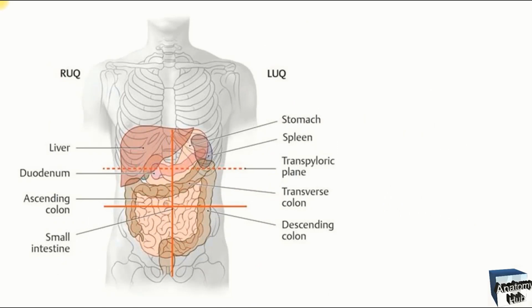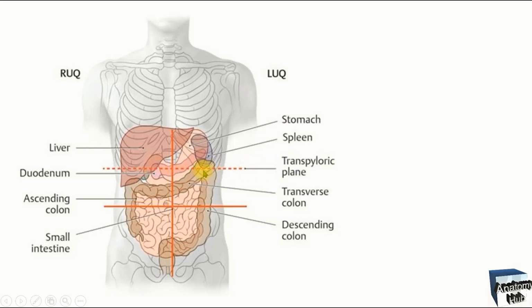here we'll find why we are studying these nine, because here you'll find the pylorus part of the stomach, and the ampulla of the duodenum you will also find over here at the transpyloric plane. So this is your transpyloric plane.